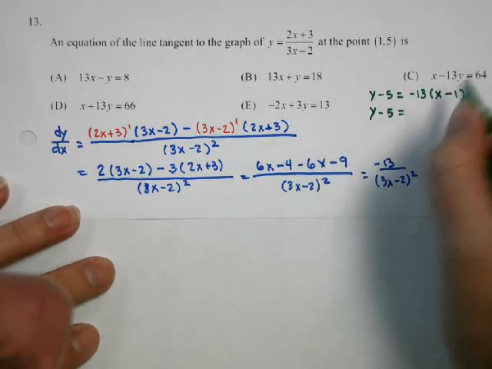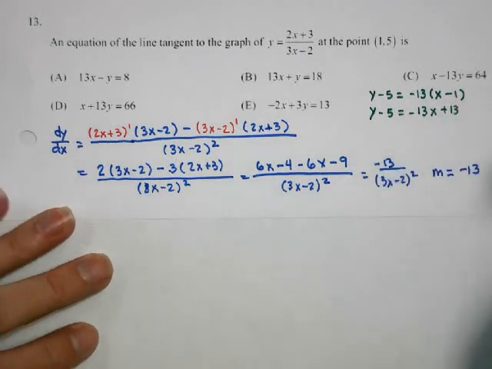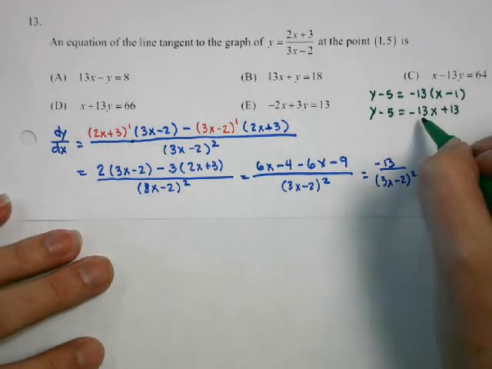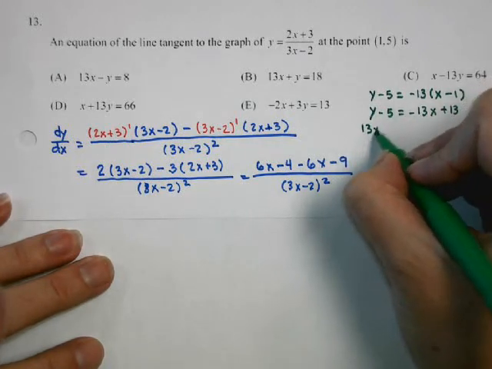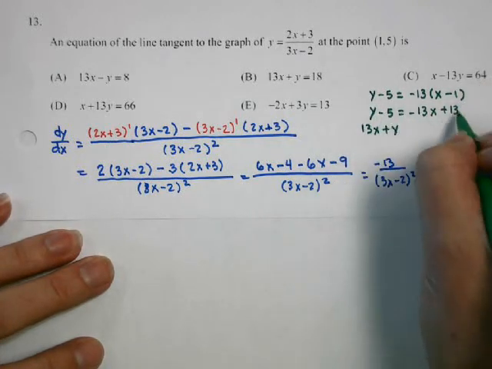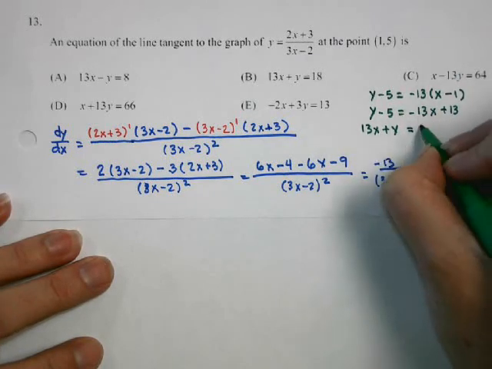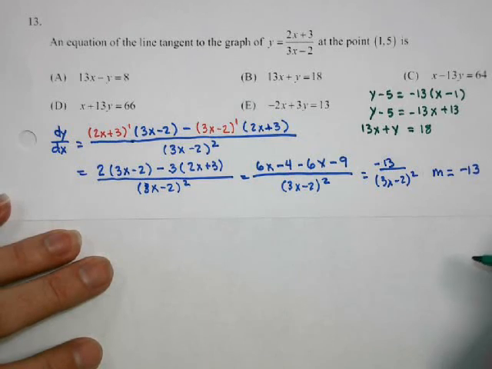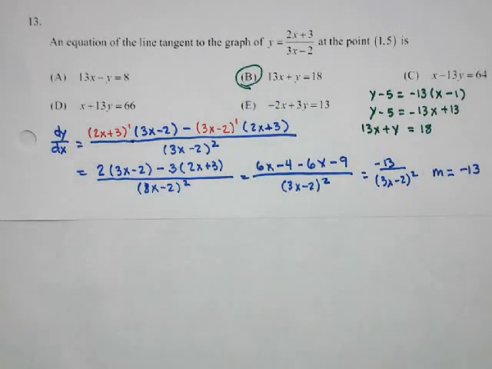I'm going to distribute the negative 13. And then we're going to move it so that the x and y are positive. So I'm going to add 13x over here plus that y, and I'm going to add 5 to the 13. So we're looking for, does this match? And it does. That is the quotient rule.